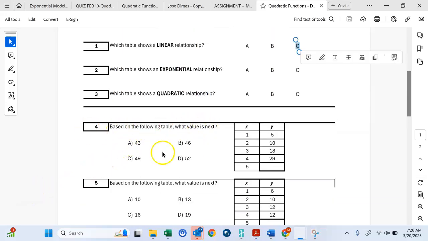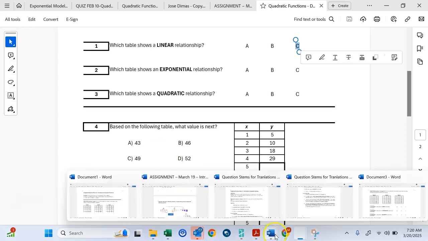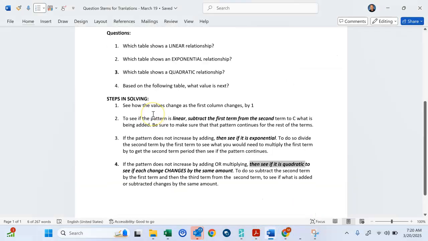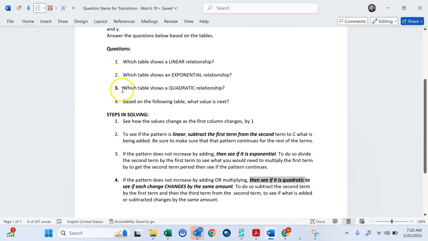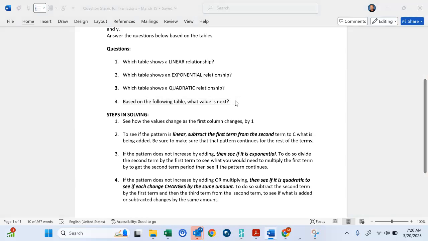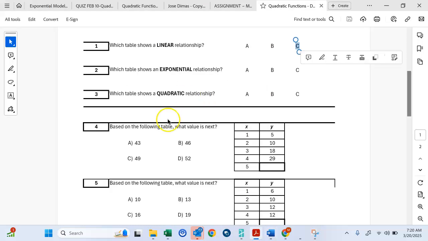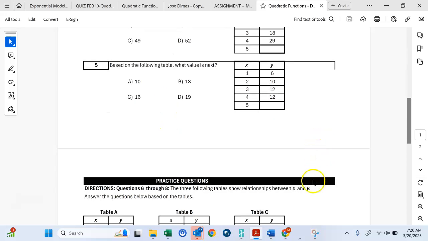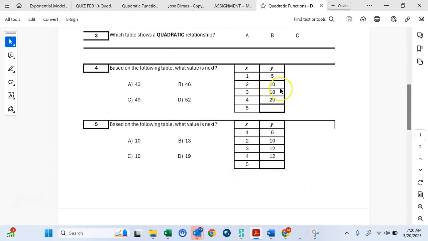Okay, so now we're going to look at these next tables here. We got a table here, and we're going to try to find out what's the next value. So please go ahead and read the translation right here. So that's going to be number 4. Please read that, translate that in your language, and then we come back over here. Now, all these tables here are going to be quadratic, okay?